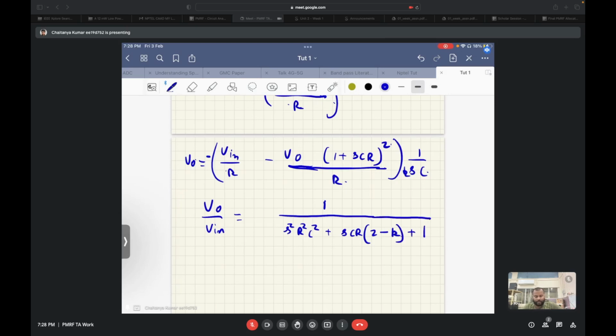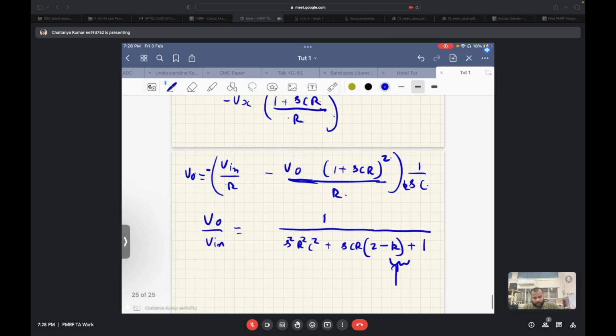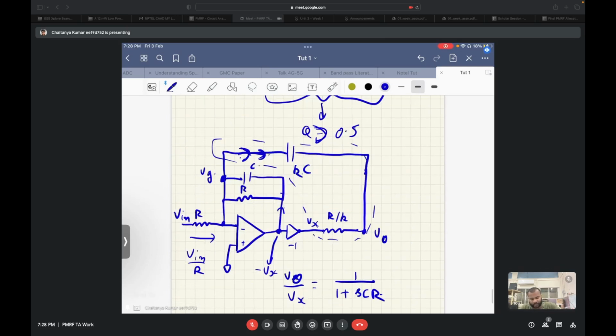Now by adjusting the value of this K, we can get higher quality factors. And mind it, this value of K cannot go beyond 2. If the value of K is increasing, the impedance seen from this node is reducing, as this is becoming R by K, the resistor is reducing and the capacitance is increasing.